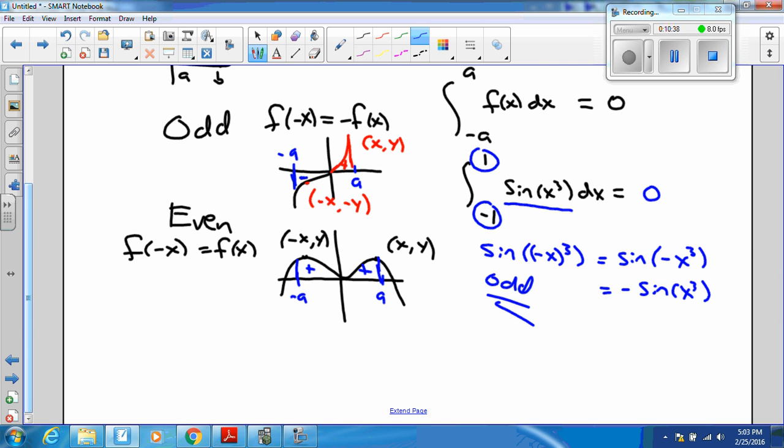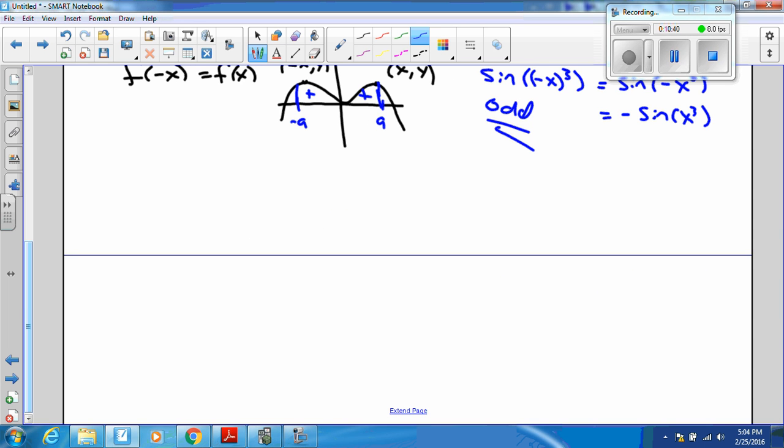So I can write this even function property: the integral of an even function from negative a to a of f of x dx is simply going to be twice the integral from 0 to a of f of x dx. And later on, we'll find that this is convenient for us because we only have to add up from 0 to a, and then we can simply double it.